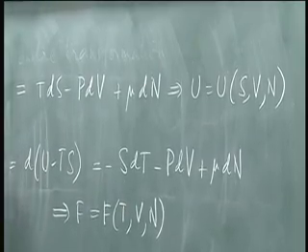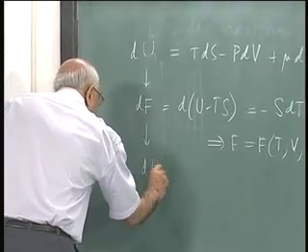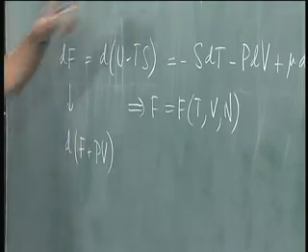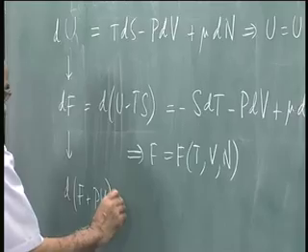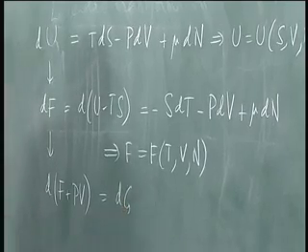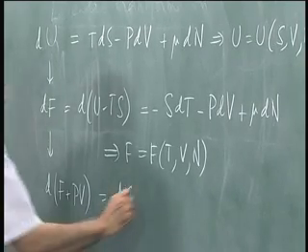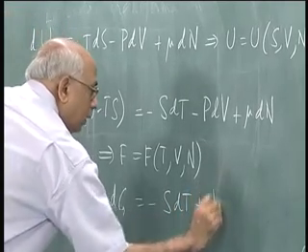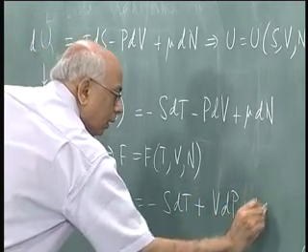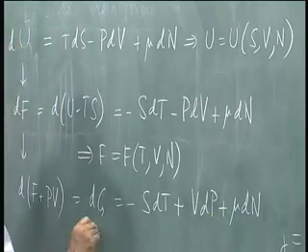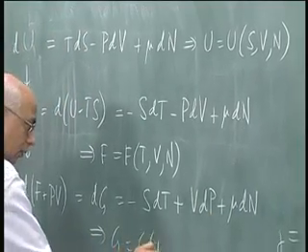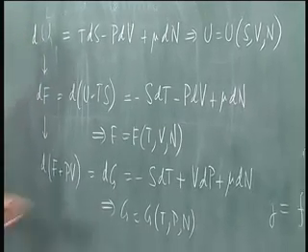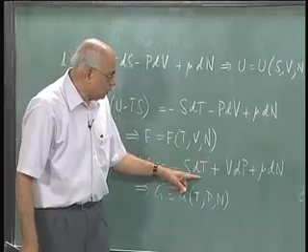You go from this F by subtracting F minus PV plus PV, because there is already a minus sign here, and what would this give you? dG here, and that is equal to minus SdT plus VdP plus mu dN, and that implies that G is a function of T, P and N, because dG is proportional to a combination of dT, dP and dN.